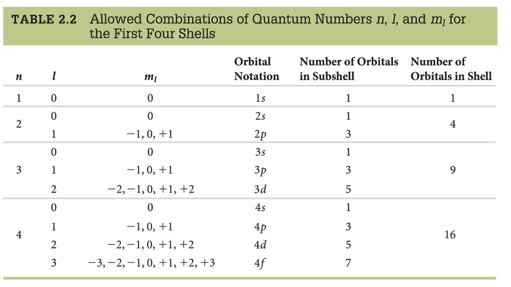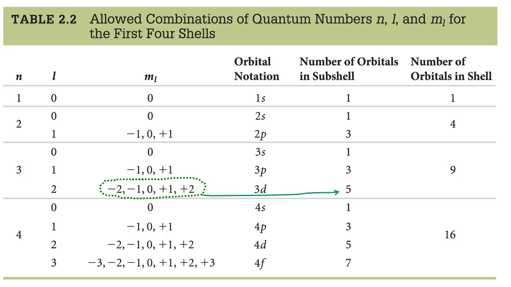And if l is 0, m sub l can only be 0 as well. So the n value means the first shell. 0 represents the s subshell, and so that's the 1s subshell. There's only one orbital in the subshell, and that's because there's only one value listed for m sub l.